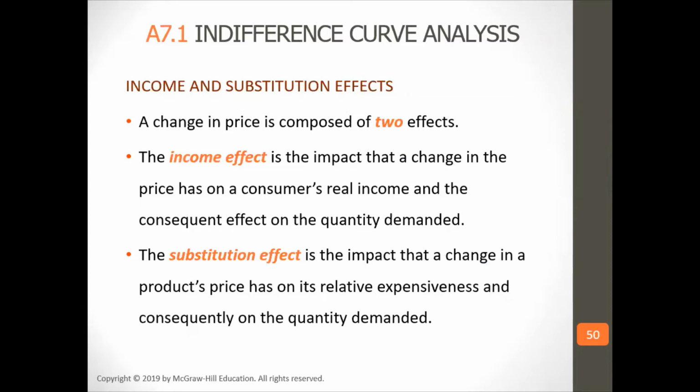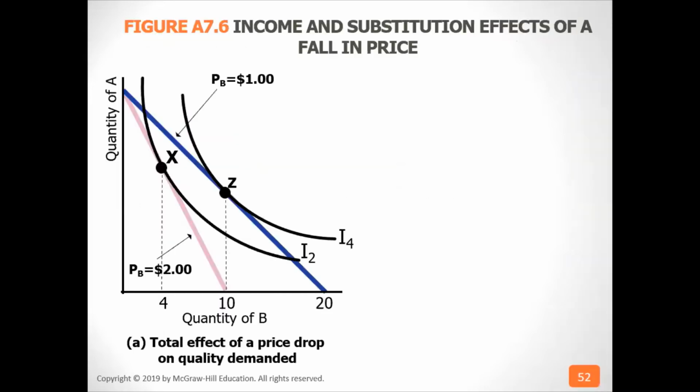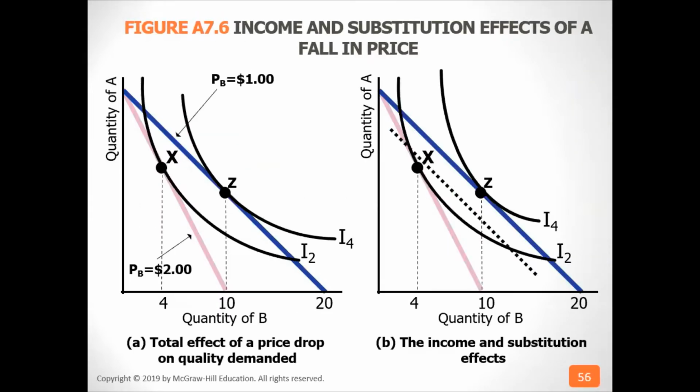The change in price is composed of two effects. The income effect is the impact that a change in the price has on a consumer's real income, and the consequent effect on quantity demanded. The substitution effect is the impact that a change in a product's price has on its relative expensiveness and consequently on the quantity demanded.